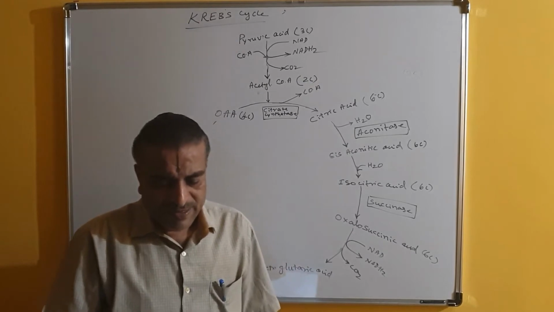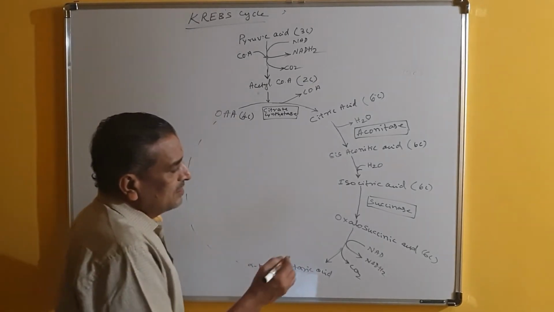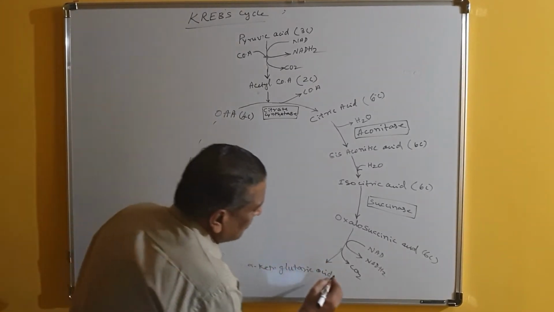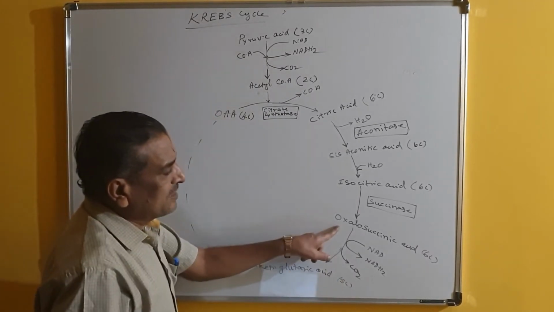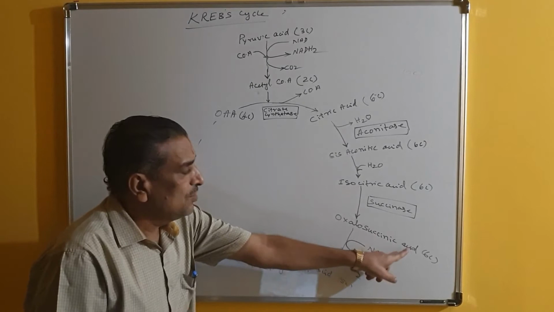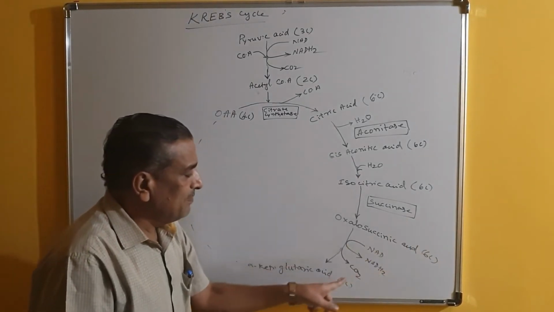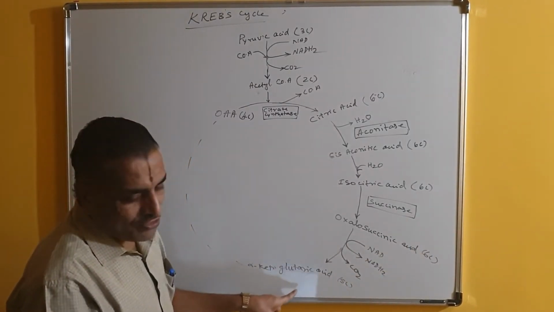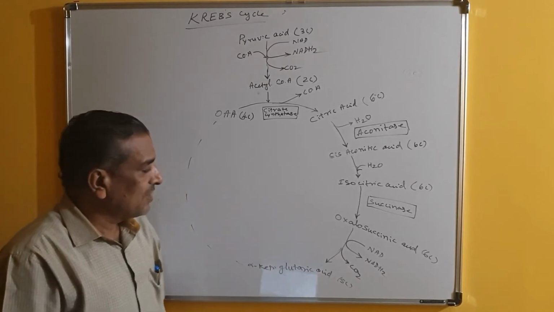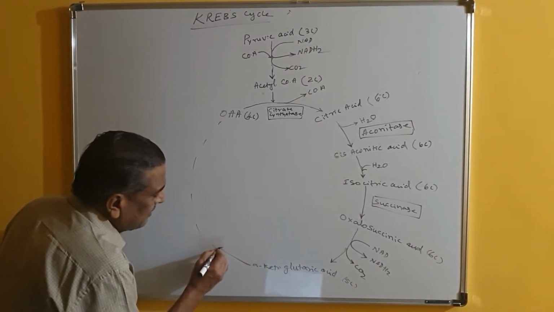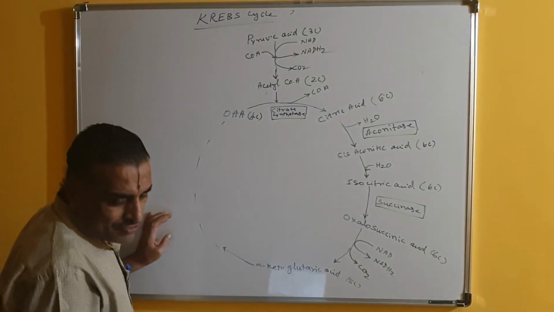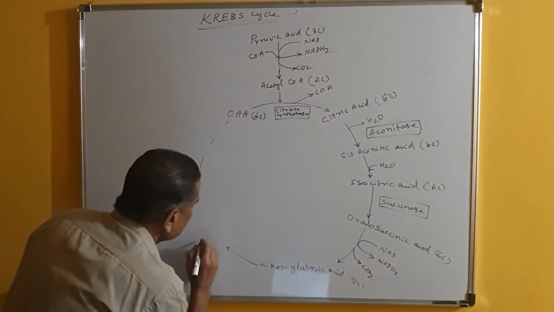The alpha ketoglutaric acid carbon content is 5 carbons. Please remember, oxalosuccinic acid has 6 carbons, 1 carbon dioxide has gone, and because of this alpha ketoglutaric acid contains 5 carbons.